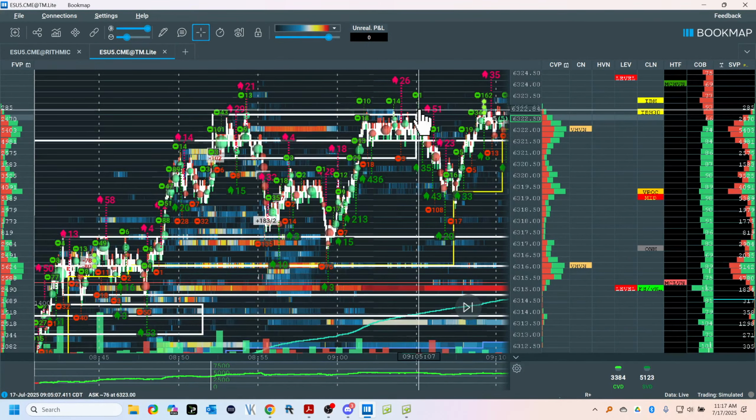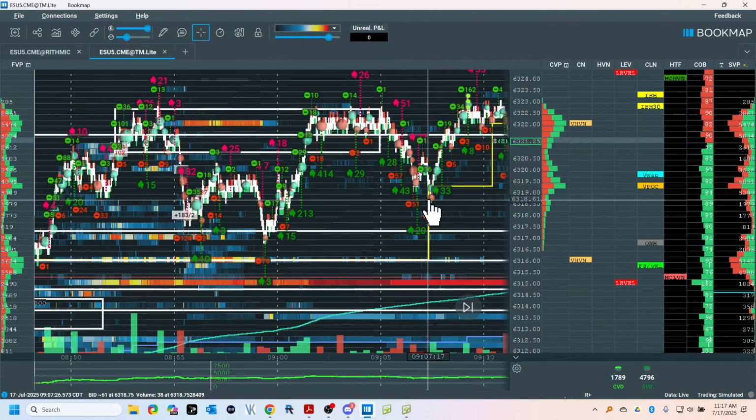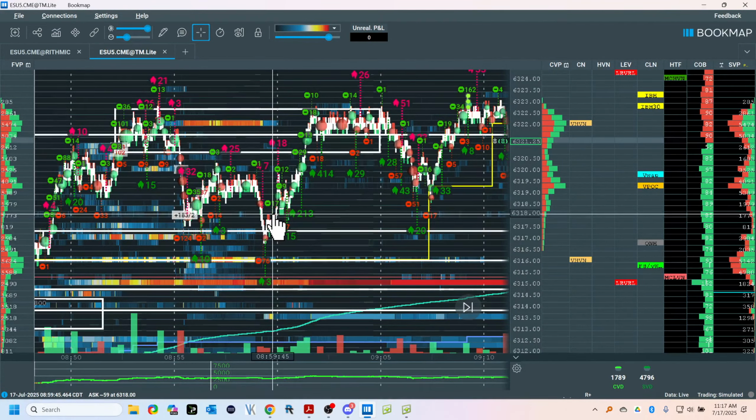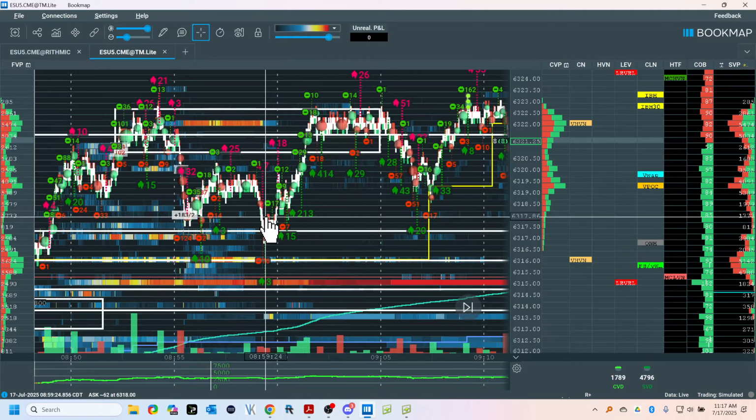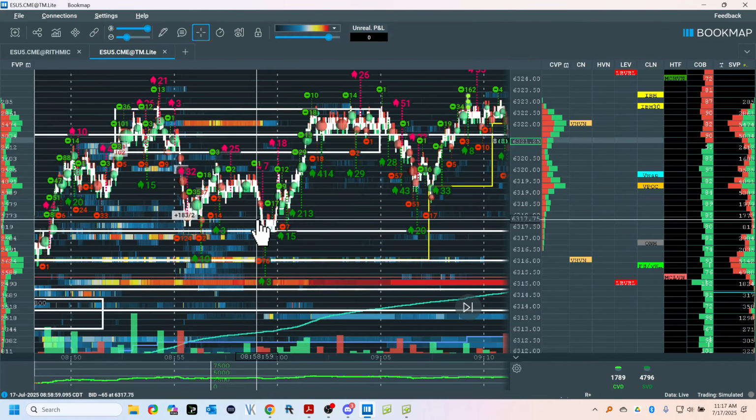Now watch. Where's my support? It's here. Why? Too low, but too high. So I got resistance, I got support, and I had my icebergs and absorption happening right there. And what else do I know? Here. Sellers were there, break high, support.